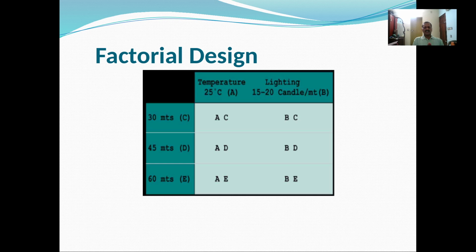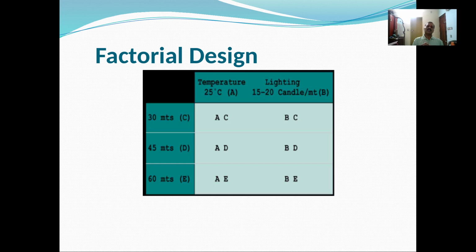So I'm exposing the first group of students to temperature at 25 degrees Celsius for 30 minutes, and I'm measuring their learning readiness. And then they are exposed for 45 minutes and I'm measuring their learning readiness.